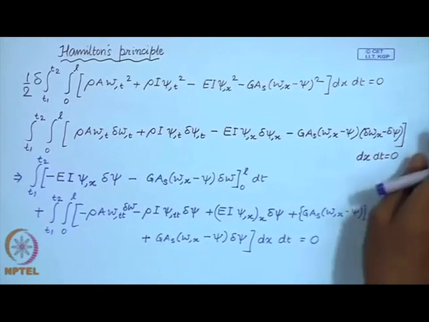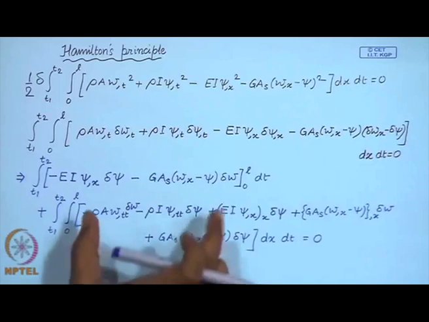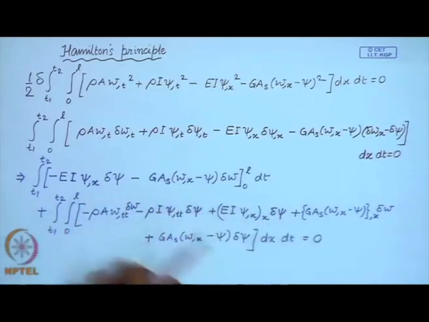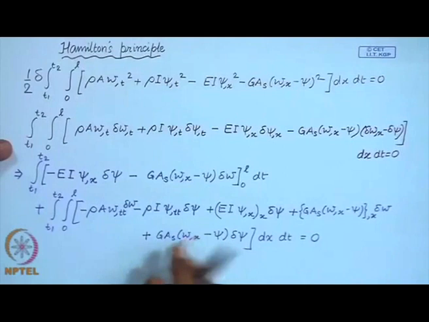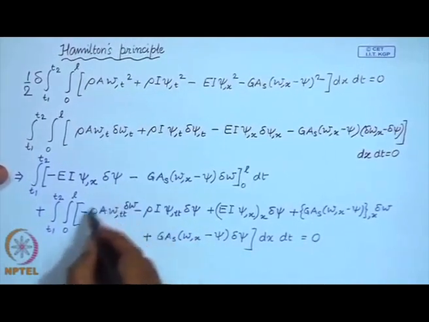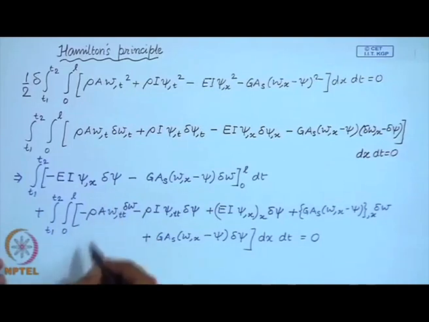Now, again using the condition of vanishing of these variations at the boundary and variation over the domain, we can invoke the same arguments and obtain the equation of motion. So, we have to collect terms of delta w.